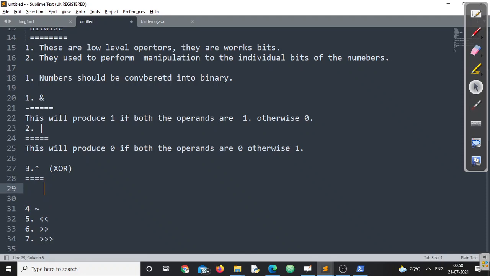What exactly is the role of this operator? This operator will produce 1 if both the operands are opposite to each other.